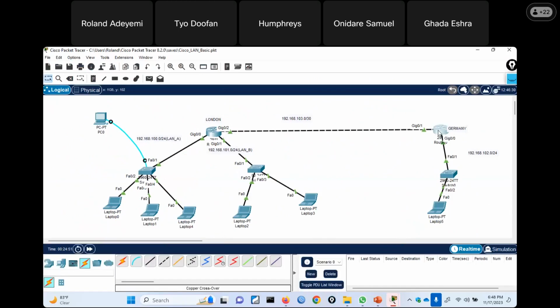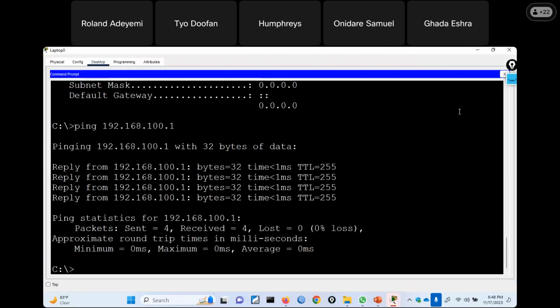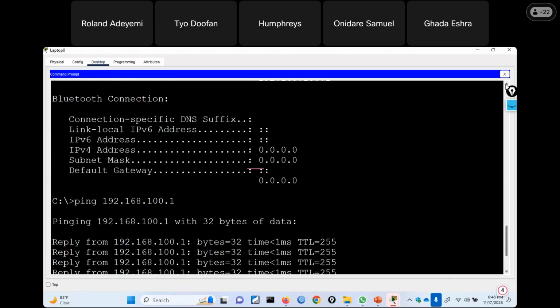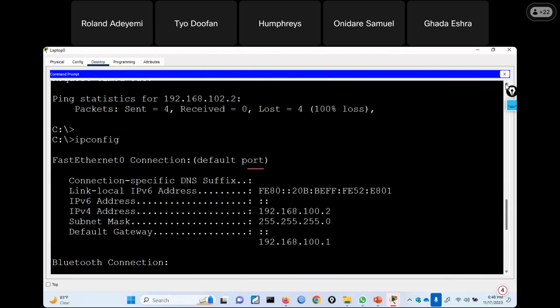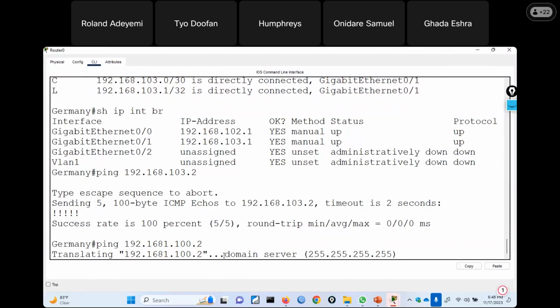So let me see if this router can hit that IP address. Ping. Let's just check this guy's IP address. This guy is 100.2. So let me see if this router can hit that IP address. I can't get there.